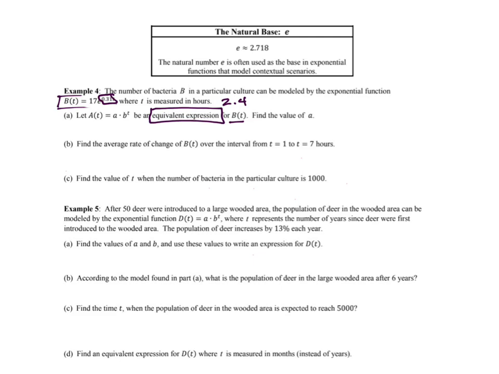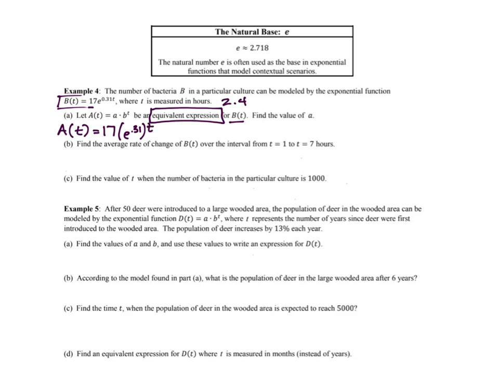So that brings up the idea that I could rewrite it. Let A of t equal, a is going to be a regardless. That number is not going to change. The initial value is still 17. But instead of writing it as e to the 0.31t, I could write it as e to the 0.31 to the t power.